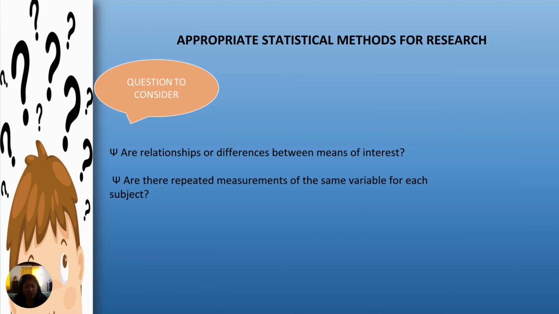Or if differences between means of interest are involved in your study, you're checking for differences, you're comparing group averages or group performances. So that's another thing you have to consider. For example, in the same study, do male and female students differ in their mental health scores?